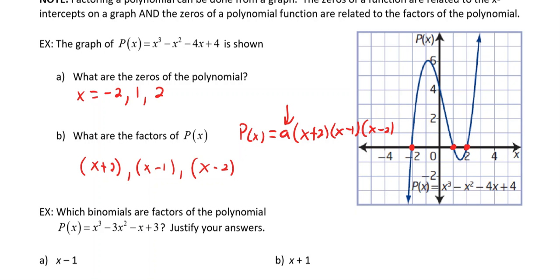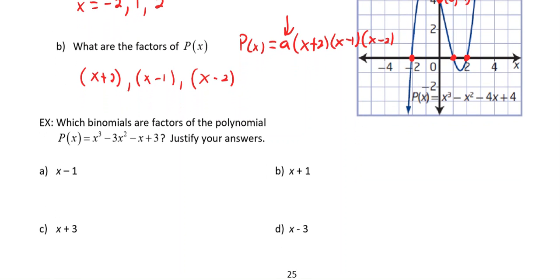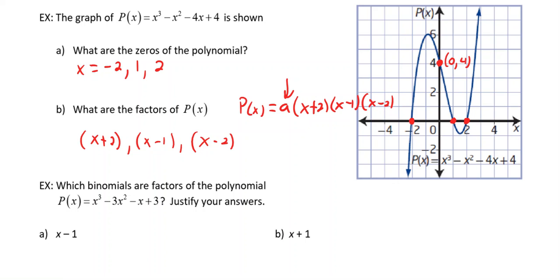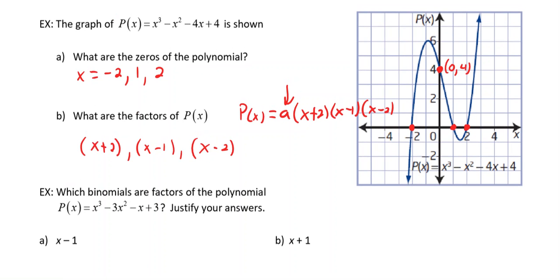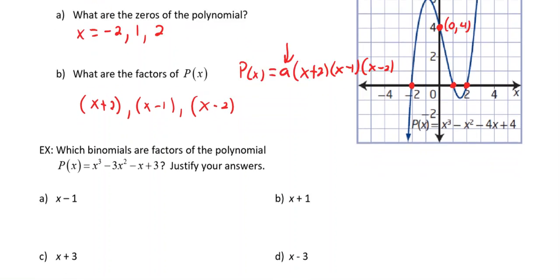Yeah, we could use some point in the graph, right? We could use probably that point, the point 0, 4. We'd have to throw in zeros for our x's, make p of x equal to 4, and then solve for a. Okay, so it might work out to be 1, but it might not. So it's just not always going to be the equation, but potentially it would be. Will we have to do that a lot to solve for a? Yeah, you would have to do that. That is something that could happen, yeah.